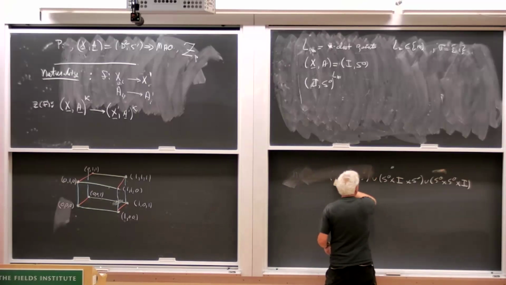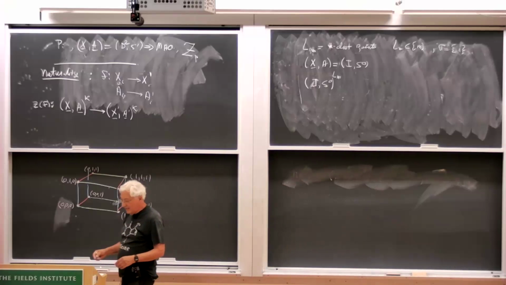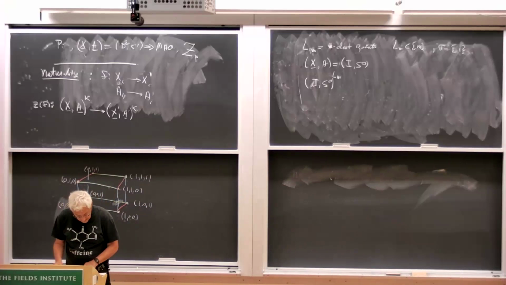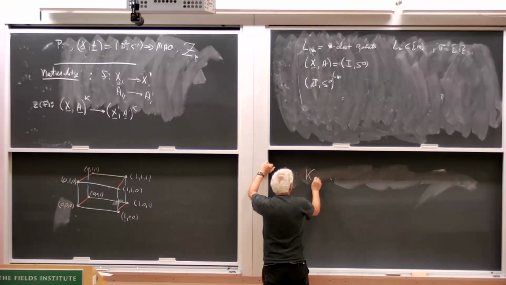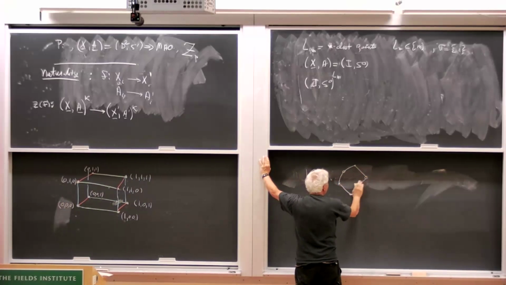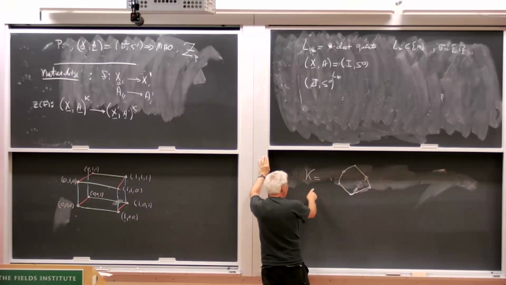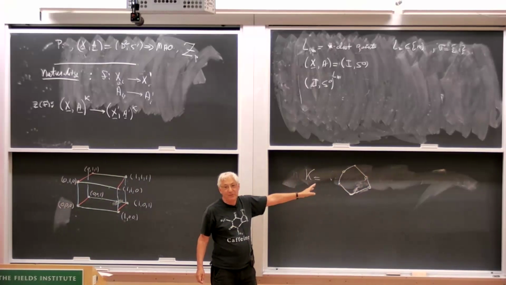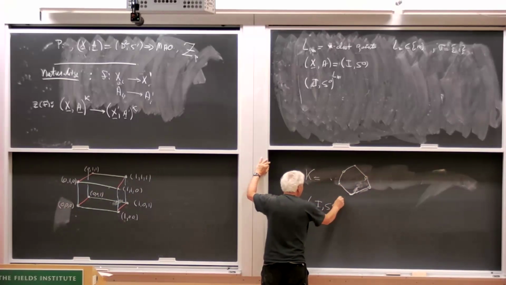So I'd like to give another example. Suppose K is the boundary of an n-gon. That's a very poorly drawn n-gon, I'll be the first to admit that. And what do we get if we take the same pair, but for this K?